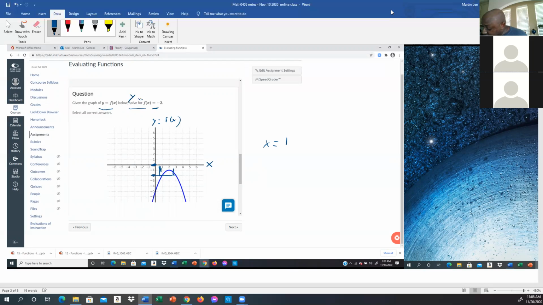Then go up to the x-axis and see that my x value is 3. So these are the two x values I get when y equals -2. And that's it for that problem.